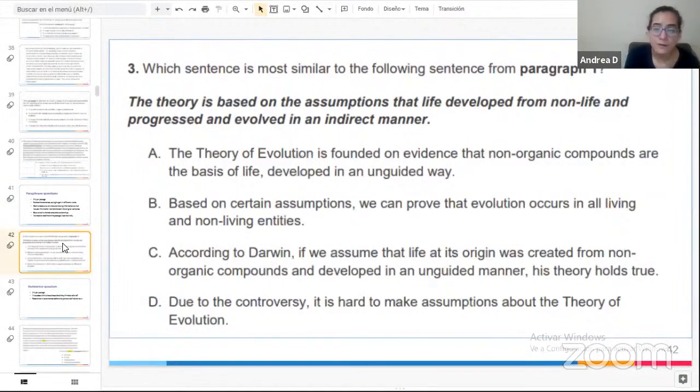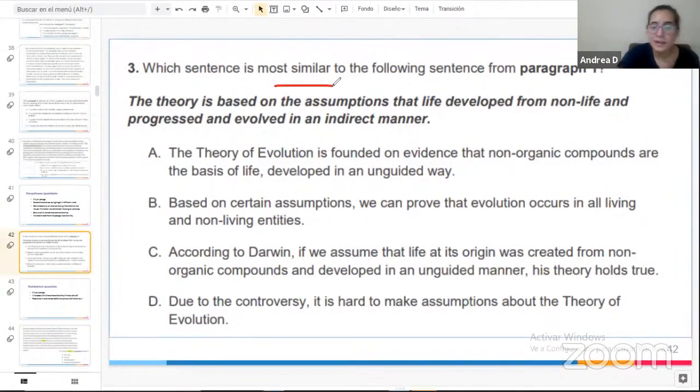So please, whenever you have a paraphrase question, like what sentence is most similar to this sentence, please don't ever go back to paragraph 1 and try to read what it's about. It doesn't matter, because you're not going to need it. Everything you need to read is the sentence and the options, and you will right off find what the right one is.